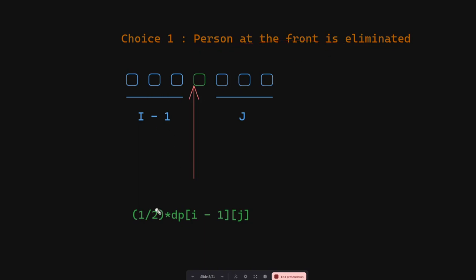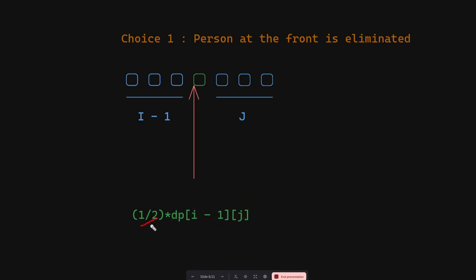In that case, you are now interested in dp I minus 1 and j, because after this person is eliminated, we want the answer for the candidate being the winner when there are I minus 1 persons to the left and j persons to the right. And this particular value can of course be read from the dp table, assuming that the black box can answer all the entries in the dp table.